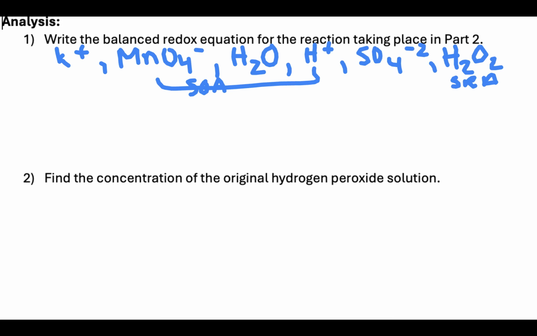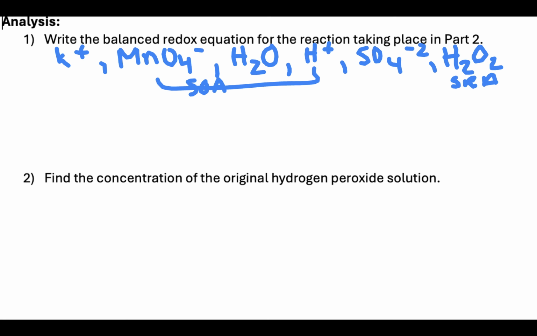So taking a look at that, we can write down some half reactions. And I just realized I needed a data booklet. So I'm just going to grab one. Okay, so I'm looking at page 7 of the data booklet. And the first reaction is that MnO4 with the hydrogen. So I'll start with that.